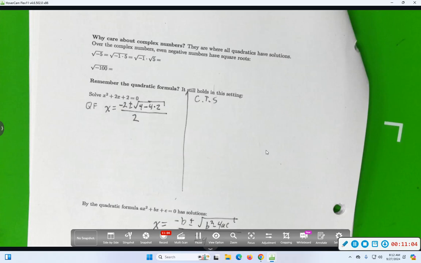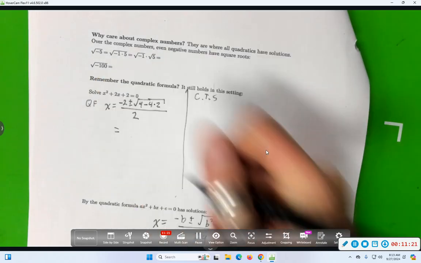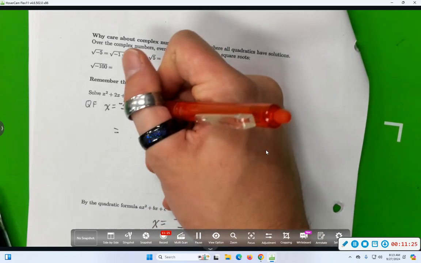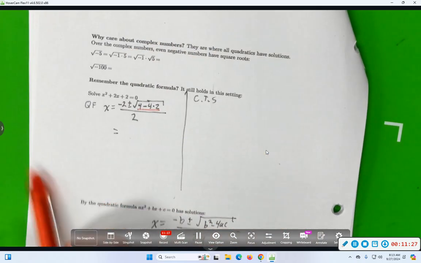Oh wait, no, never mind. Yeah, a is 1, so I think we're okay, right? Awesome. So that is absolutely the type of thing that I would accidentally leave out if I'm not careful, but I think this time I'm okay. All right. Start under the square root. That's 4 minus 8, so negative 4 under the square root.